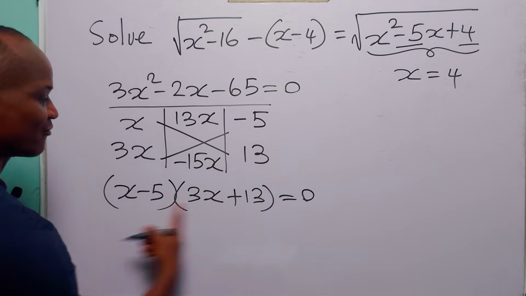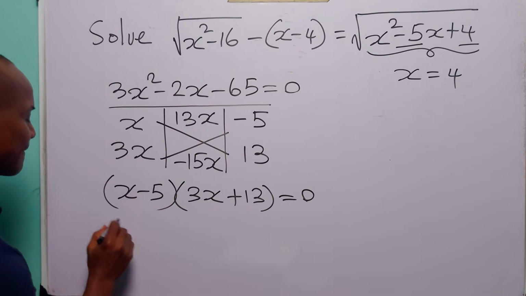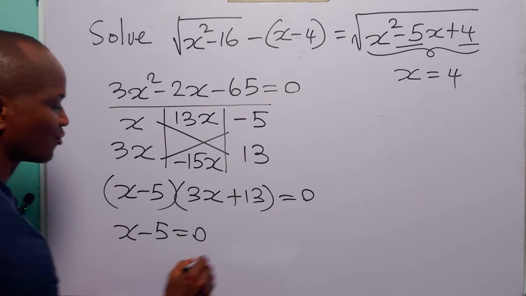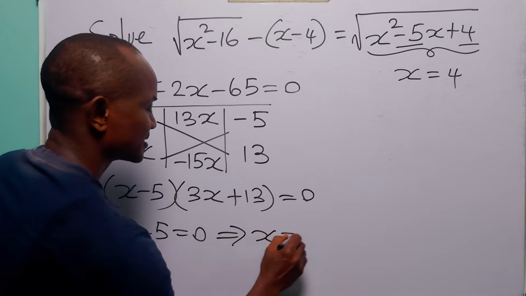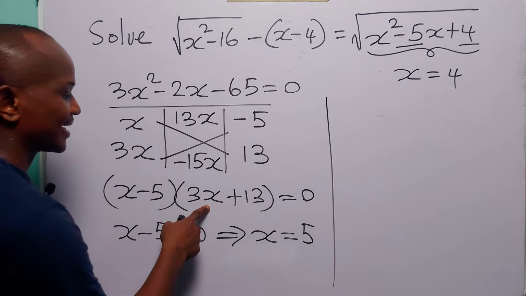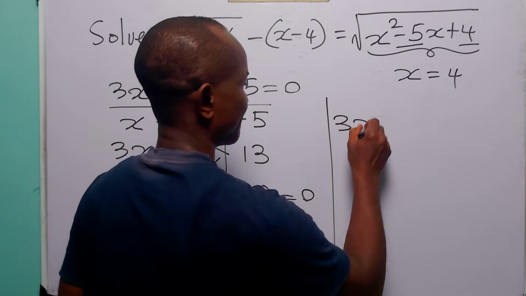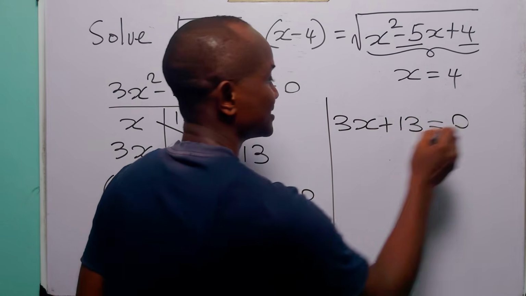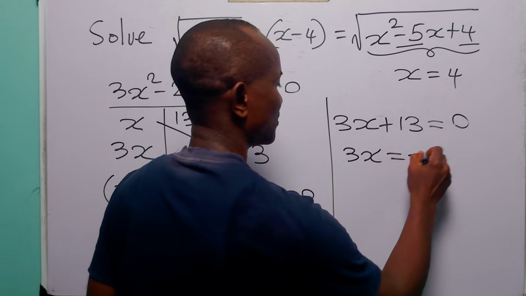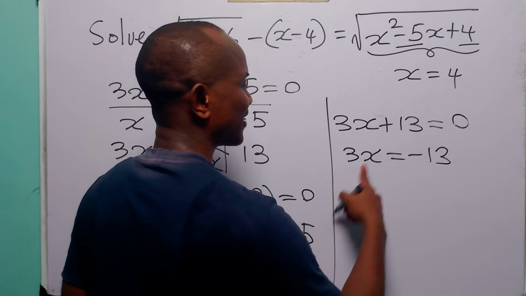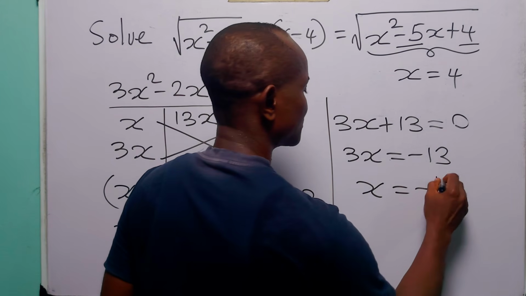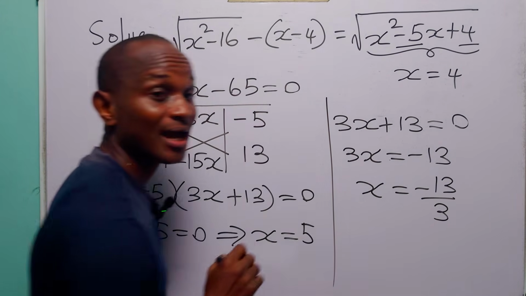And it's very clear from this equation that either x minus 5 is equal to 0 from where x is equal to 5, or 3x plus 13 is equal to 0 from where 3x is equal to minus 13, and dividing both sides of this equation by 3, x is equal to minus 13 over 3.